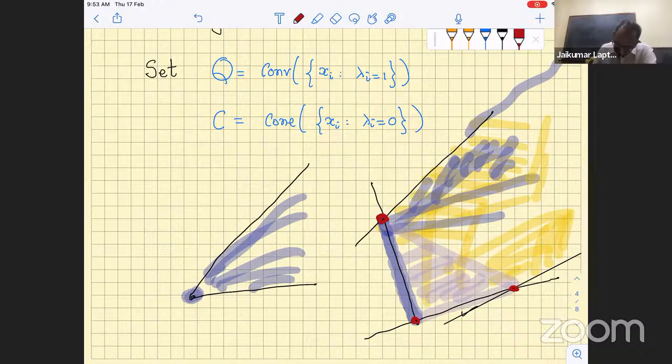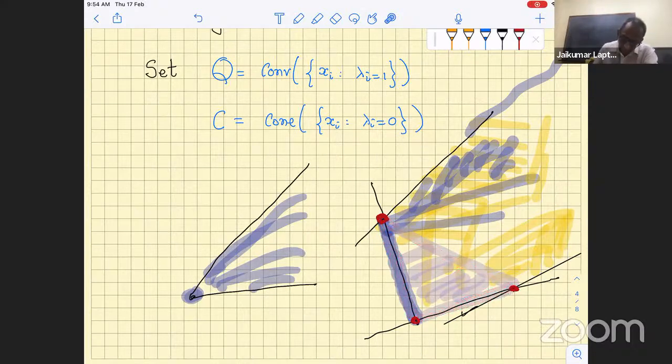The cone will consist of these 2 lines. I'm not drawing it at the same place, it will be something like that and something like that. And if I move that, now I have to move it over the entire convex hull. I cannot just move it over this line as I did before, because now our convex hull is this.